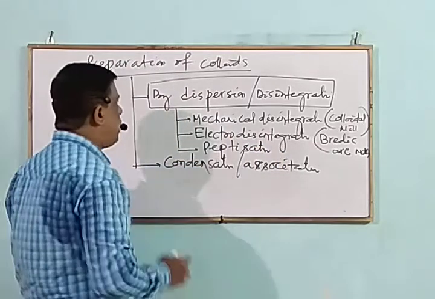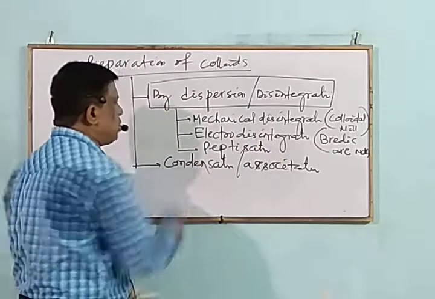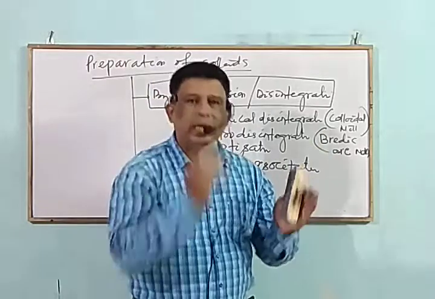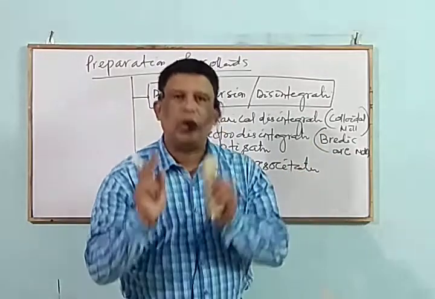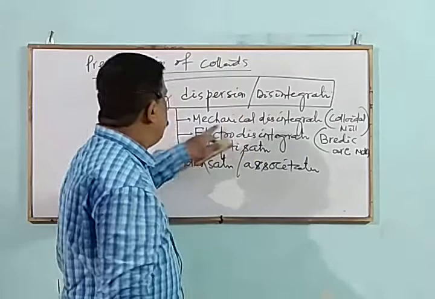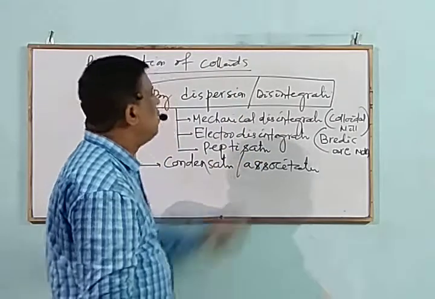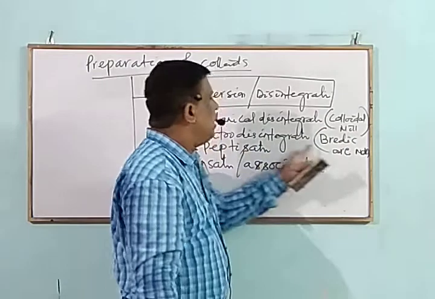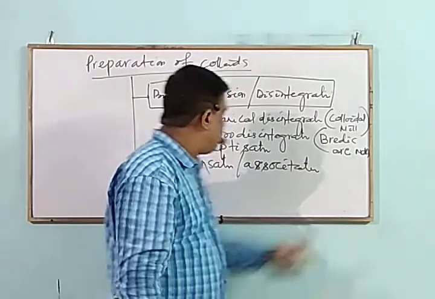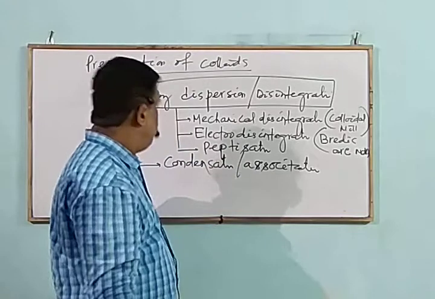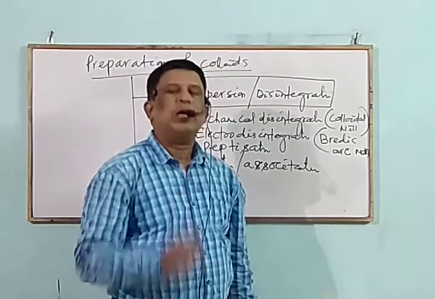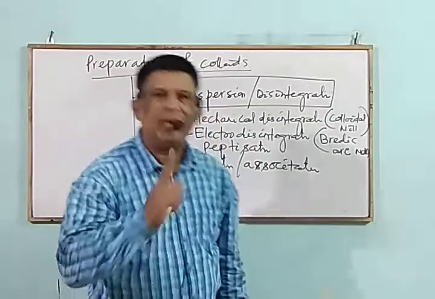These are the three different ways by dispersion or disintegration, that means breaking bigger particles into particles of colloidal range: mechanical disintegration by colloidal mill, electro disintegration by Bredig arc method, and peptization by adding a suitable electrolyte known as peptizing agent.